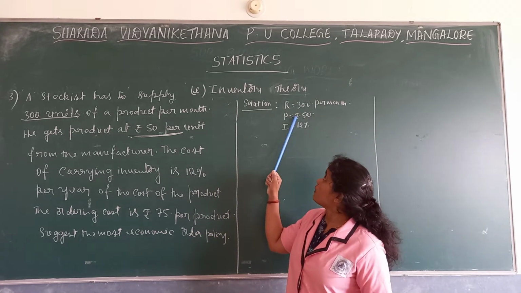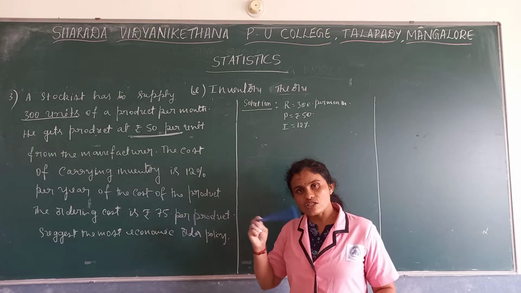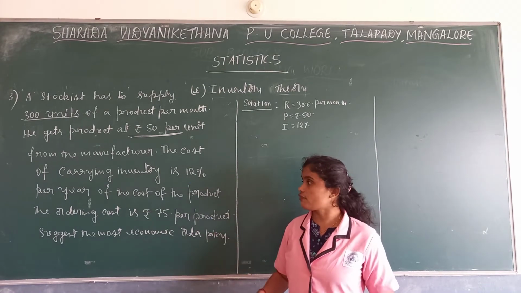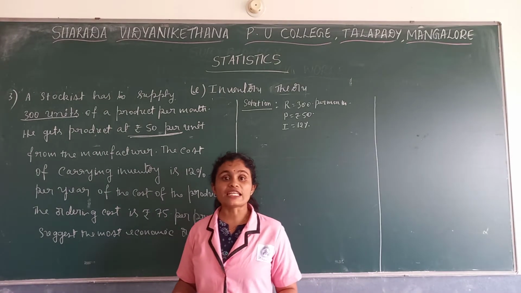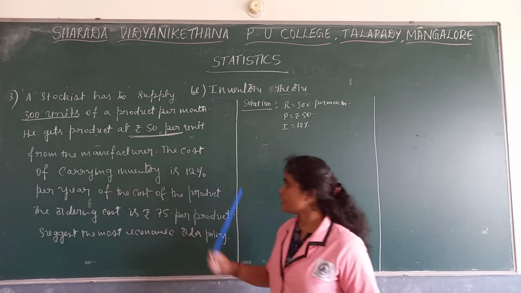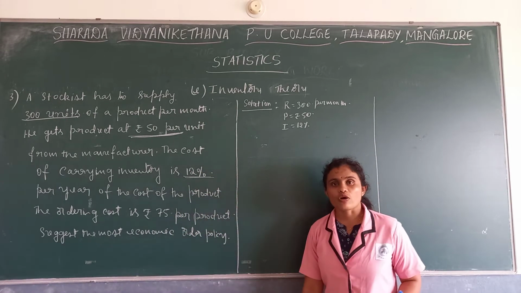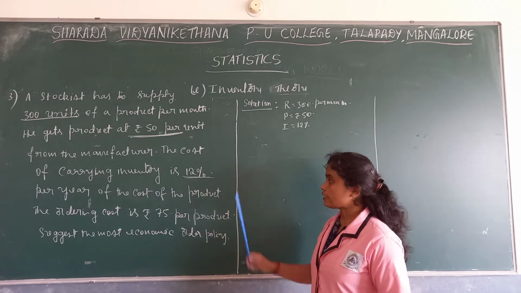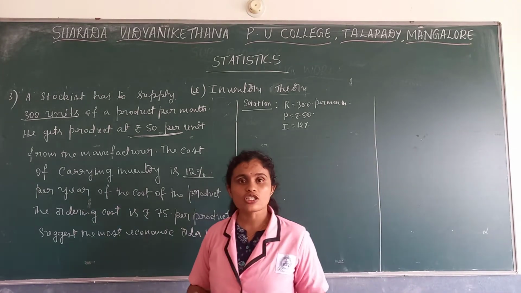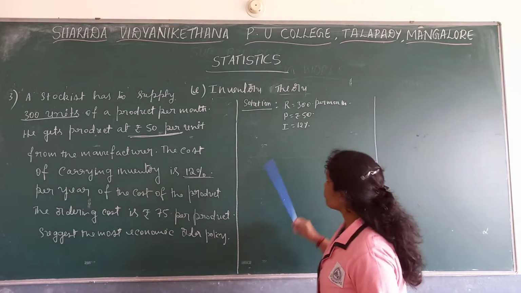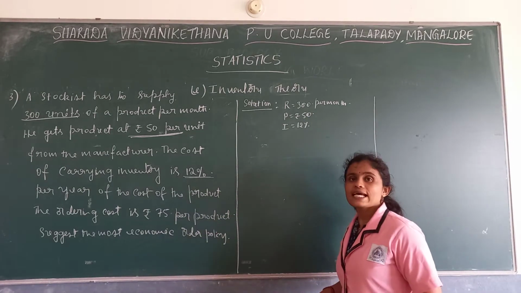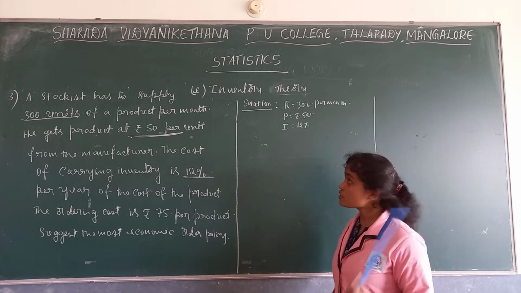We need to multiply with the price, and that is your C1 value. Here they have given the cost of carrying inventory in the form of percentage, so we need to multiply with the price.